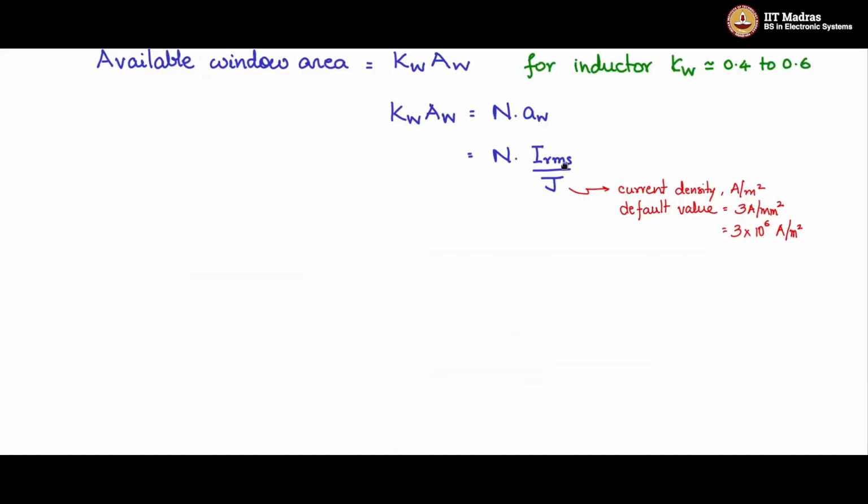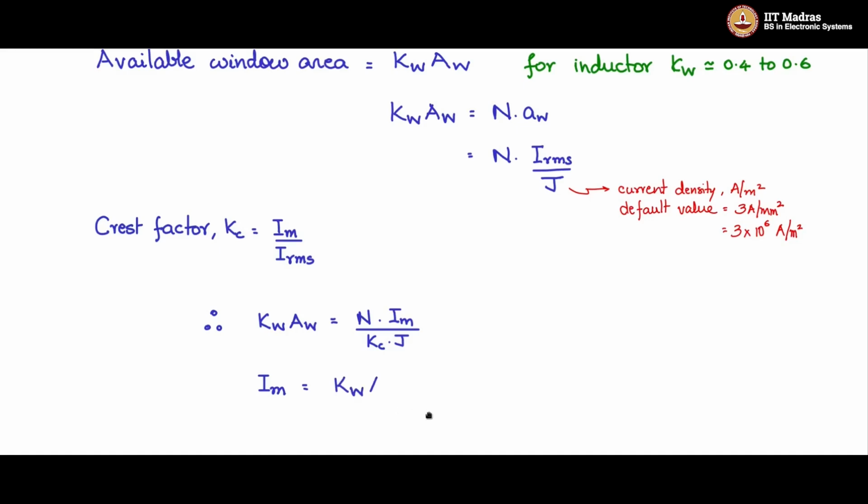Let me represent the RMS current here in terms of max current. So let me introduce the term crest factor. Crest factor is Kc, which is I max or I peak divided by I RMS. Therefore, using this relation, you have Kw Aw equals N times Im by Kc into J. Or Im can be written as Kw Aw Kc J divided by N, the number of turns.